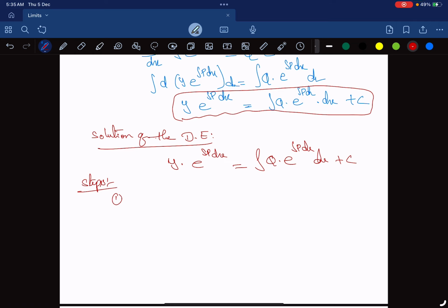First, convert the given equation to dy by dx plus py is equal to q, where p and q are functions or constants in terms of x.